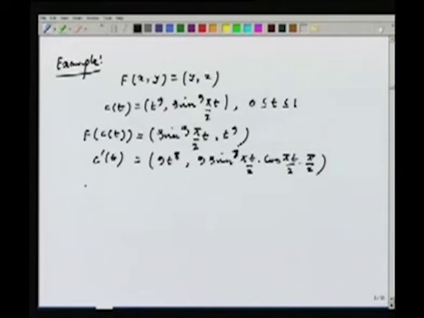And then I need to look at the line integral, that is F dot ds, that is the integral from 0 to 1 of F(C(t)) times C'(t).